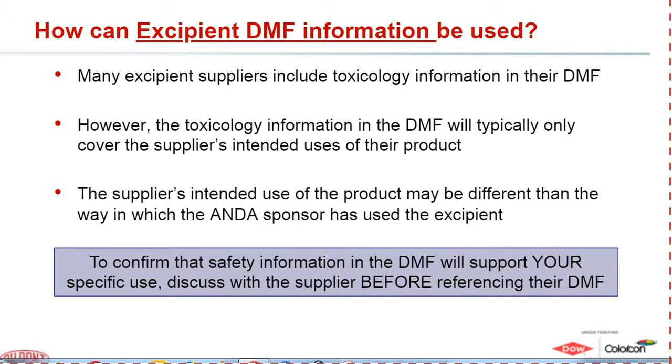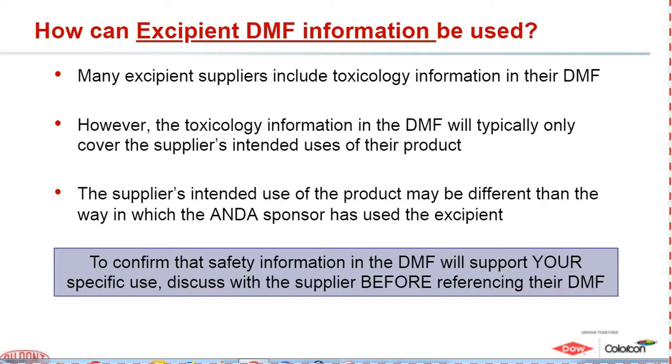So you need to understand, what have they included in their drug master file. If they say that their safety data is in the DMF, it's important that you have a discussion with that supplier so that you understand what kind of information is in the DMF and what types of applications, especially as it relates to the route of administration, et cetera, that the sponsor has included.